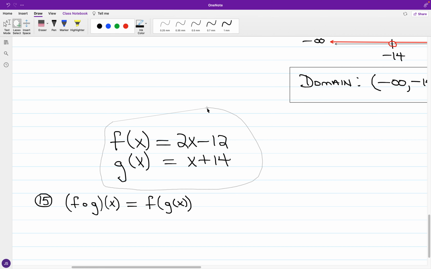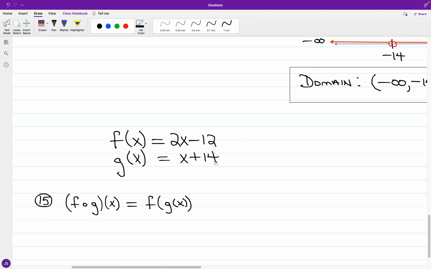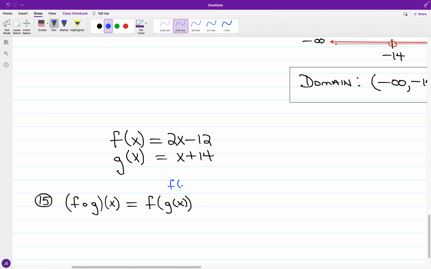All right, so g of x is the input function, and the output will be in line with f of x. So for f of x, f of the input is equal to 2 times the input minus 12. So we have 2 times g of x minus 12.